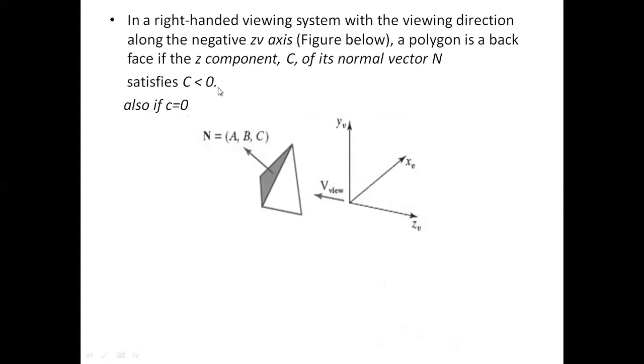That means if C is less than 0, the face is a back face, and if C is equal to 0 also, the face is a back face. Only when C is positive, that means only when I am viewing from negative Z to positive Z, C becomes positive, and only in that condition does my point become a front face.